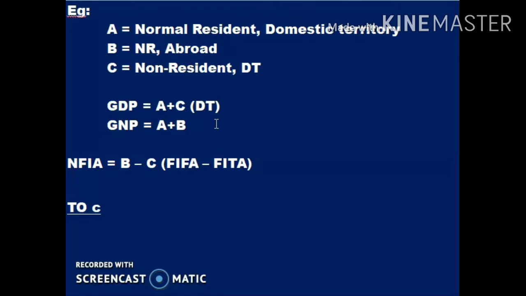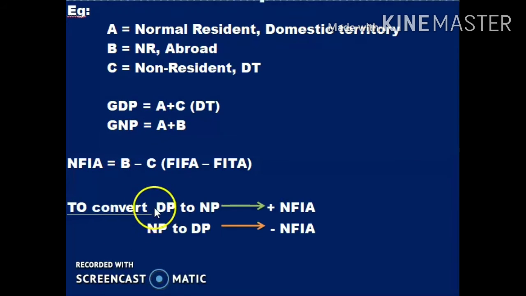To convert domestic product to national product, we add NFIA.